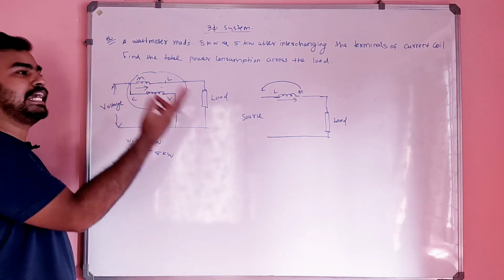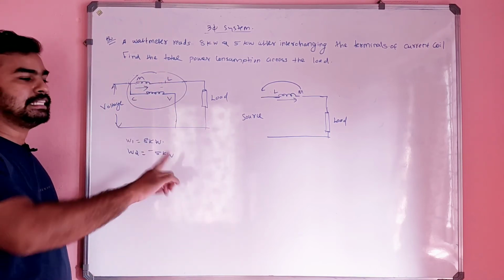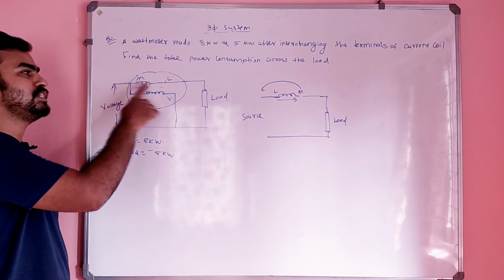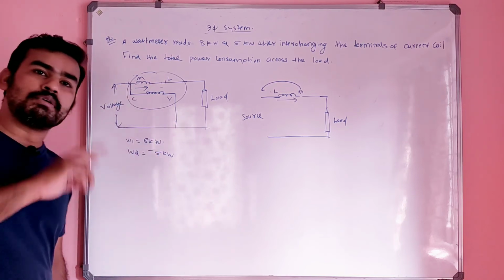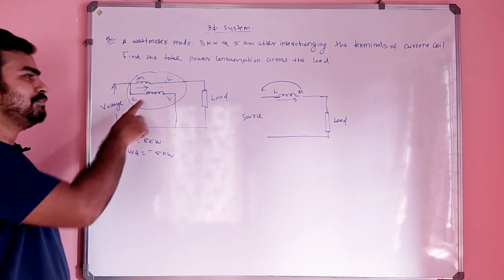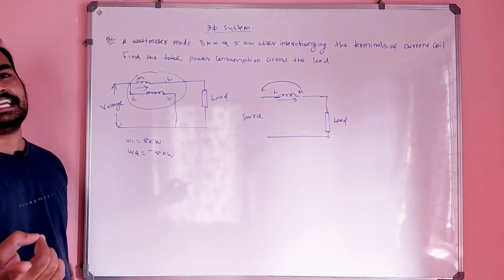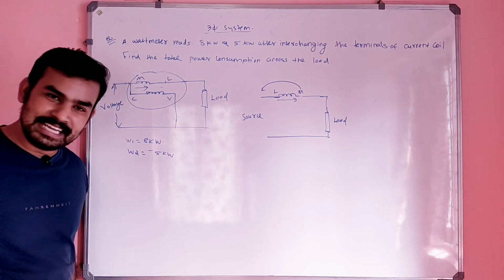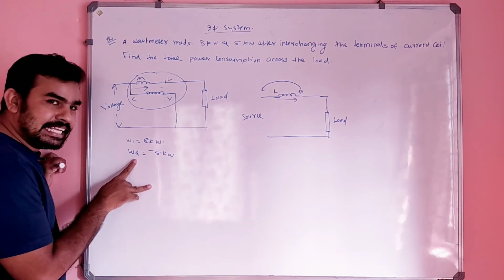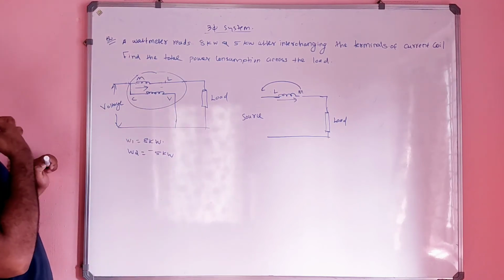If you change the terminals of the current coil only, the reading of the wattmeter will be negative. If you change the terminals of the pressure coil only, then also the reading will be negative. Is it clear?